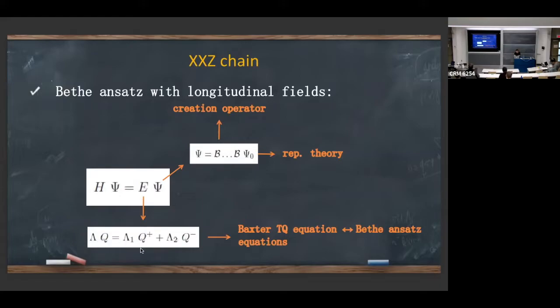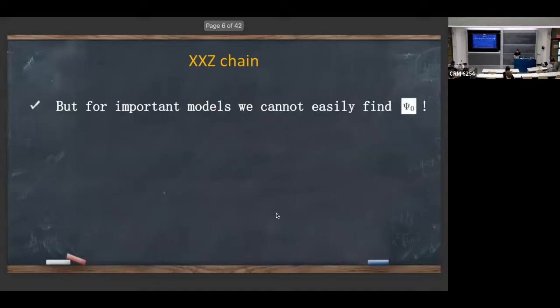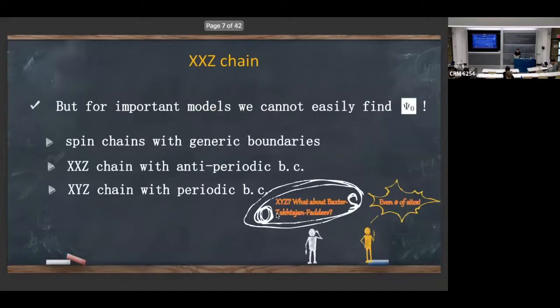So the Baxter T-Q equation is essentially a polynomial equation, but which is very hard to solve in general. The roots of the Q polynomial are the Bethe roots.